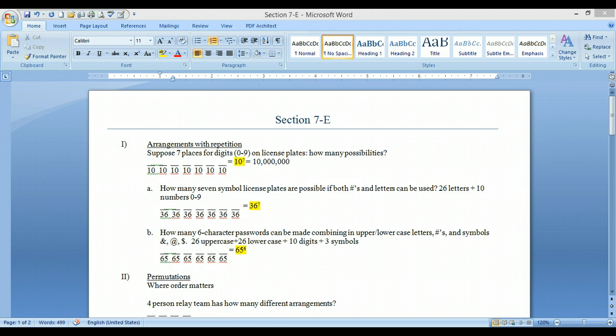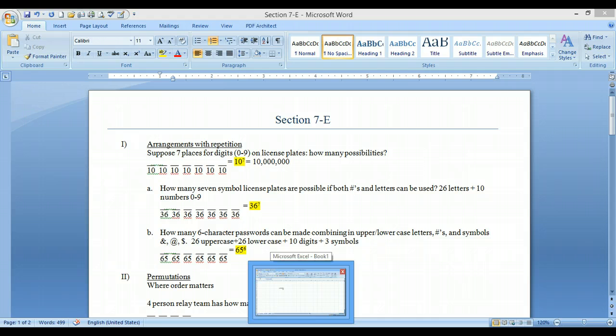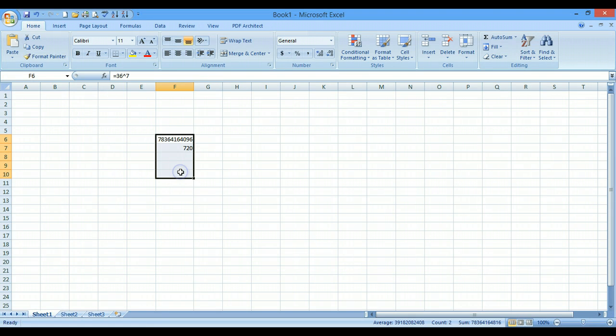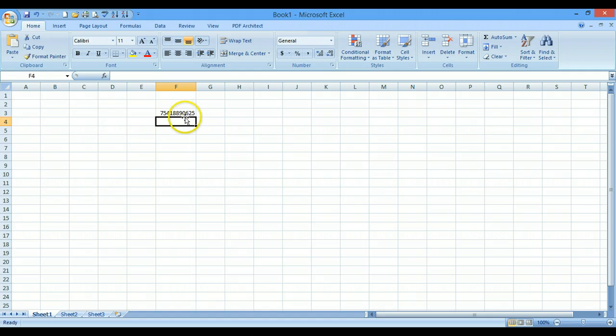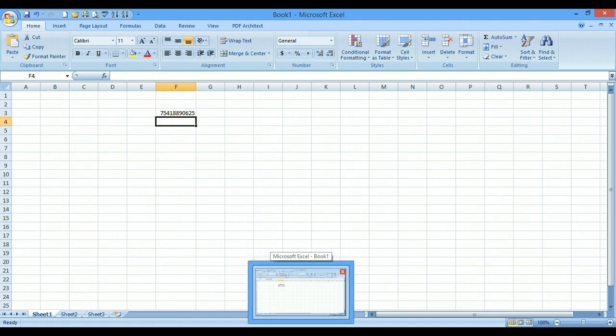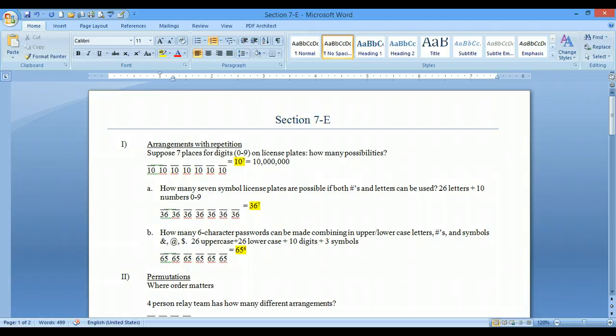Now if I wanted to find the actual number for that, and I don't have to, but if I wanted to, I would. 65 caret, which is raising to the 6th, gives me a very large number: 75,418,890,625 possibilities just by adding in a couple of those other things, upper and lower case, digits and symbols.